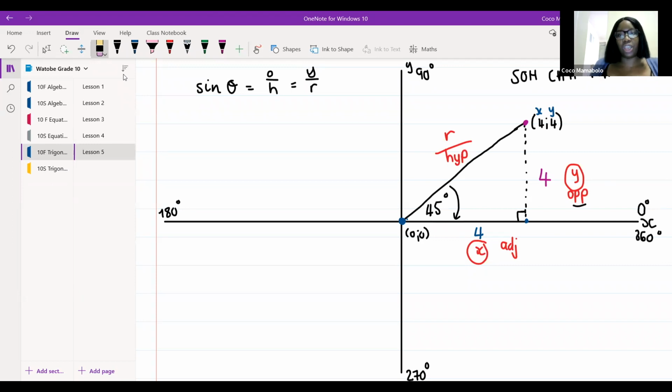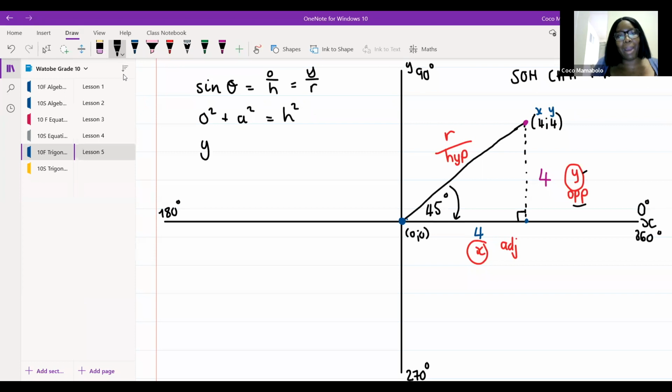No worries, Alicia. Okay, so I want you guys to use Pythagoras to find the hypotenuse or the r for me. Now, in this case, you can use either one. You can either use the opposite squared plus the adjacent squared is equal to the hypotenuse squared, or you can use the one that we're learning about now. My opposite is actually called y.